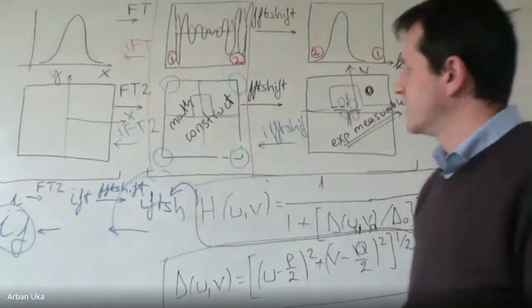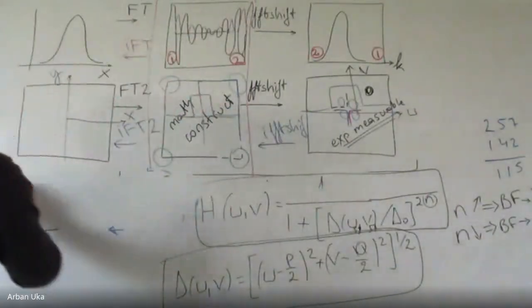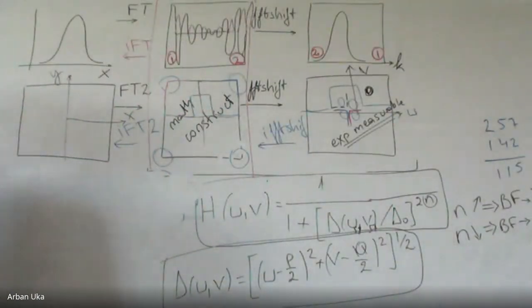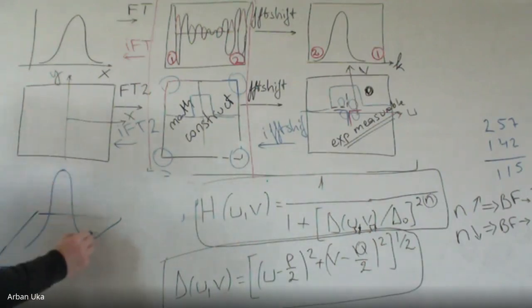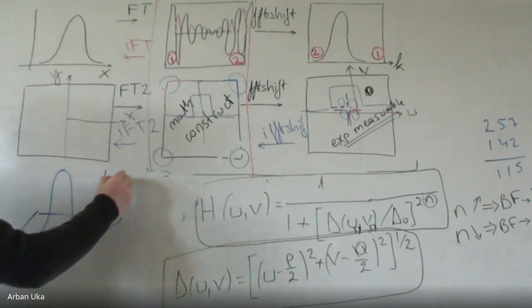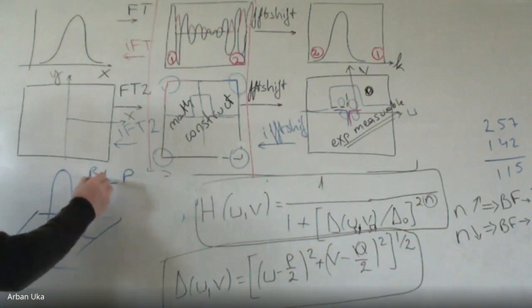A low-pass filter, for example the Butterworth or the Gaussian filter, looks like this. We have an array, and let's not forget, this is in the K domain, and the Gaussian and Butterworth are very close, they look like this. And these are called low-pass filters, LP.